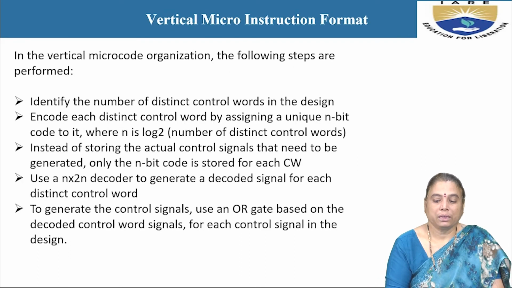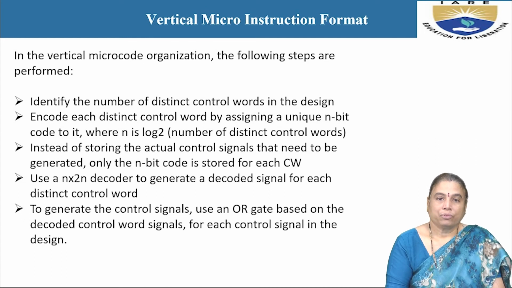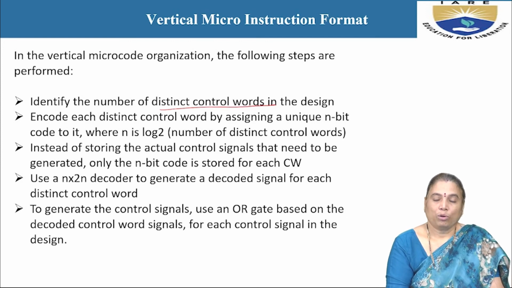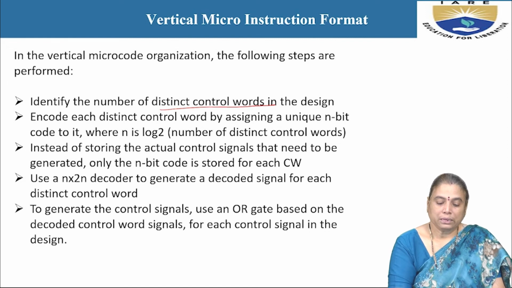Next is the vertical micro instruction format. In order to execute this vertical microcode organization, first identify the number of distinct control words in the design. How many distinct control words are there? First identify them. Encode each distinct control word by assigning a unique n bit code to it.